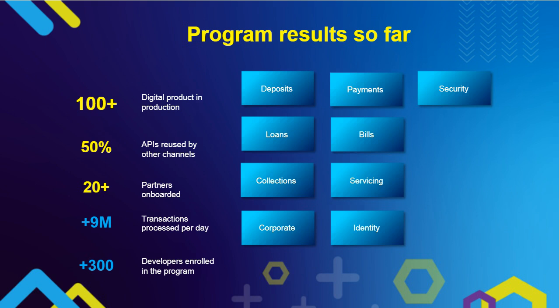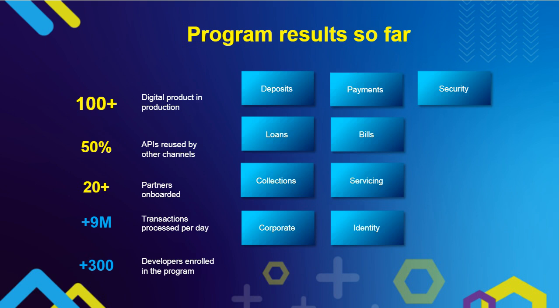So far, the program has over 100 digital products in production, and every week we have more and more in different categories. Right now, as we're starting, we have a rate of use of 50%. That's pretty high, but we plan to have it growing and growing.